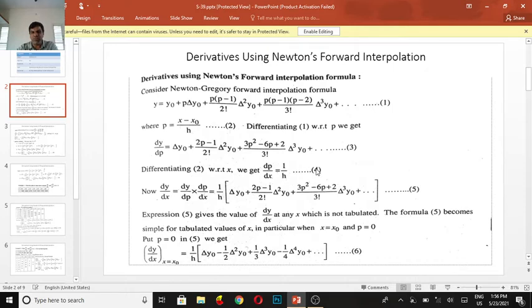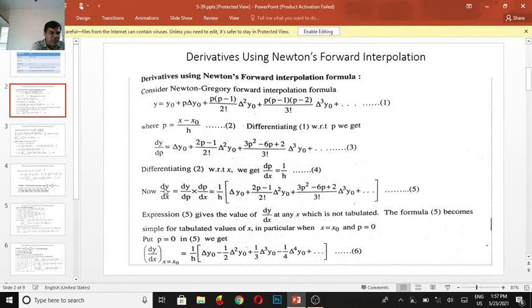I call this equation 3. Now we find dy by dx using the chain rule: dy by dx equals dy by dp into dp by dx, where dp by dx is 1 by h.